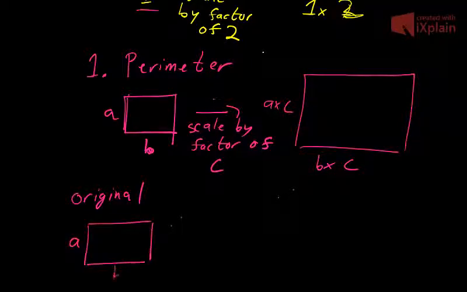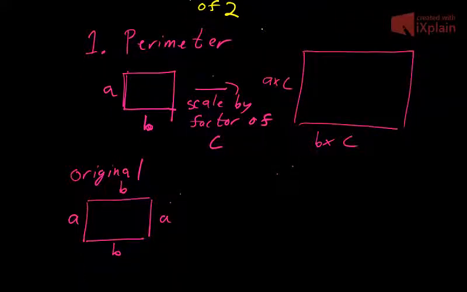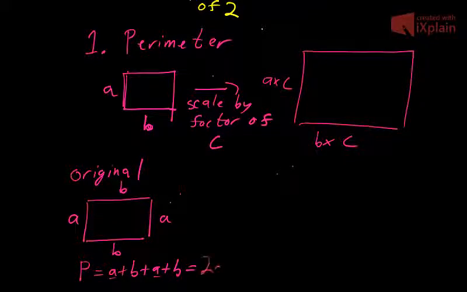This is A, B, and B. So my perimeter is equal to A plus B plus A plus B, which is, I have an A here and an A here, that's 2 A's, a B here and a B here, that's 2 B's. So that's not too bad.